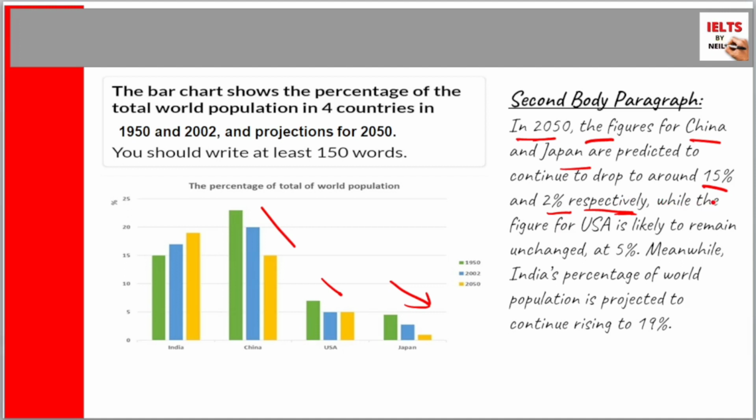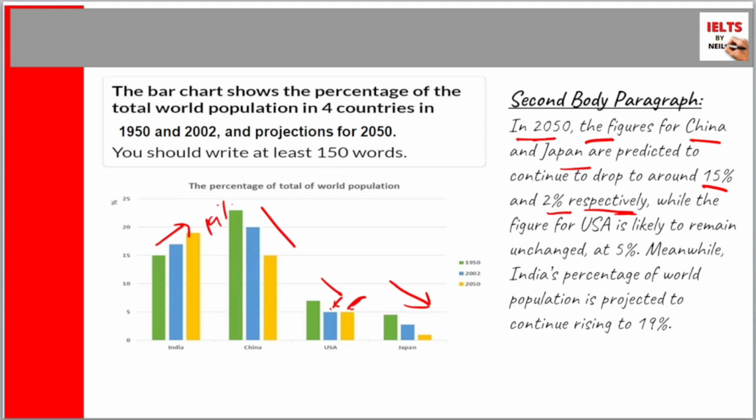While the figure for USA is likely to remain unchanged at 5%. This is the same as 2002 and will be the same in the future as well. Meanwhile, India's percentage of the world population is projected to continue rising to 19%. So India is rising on top, so it's 19% here. See, it is a well structured essay.